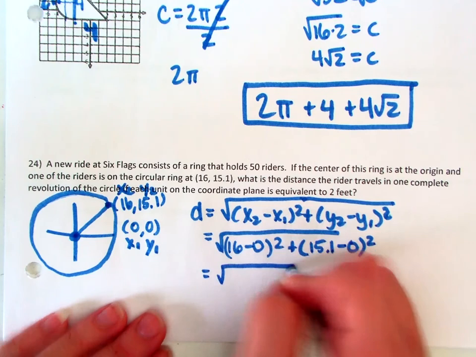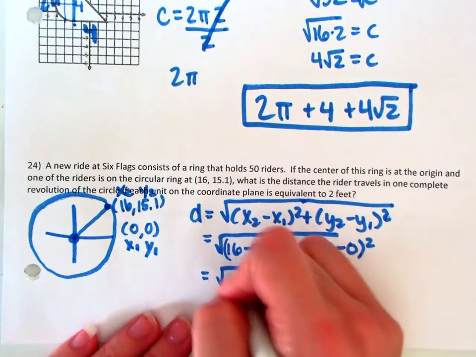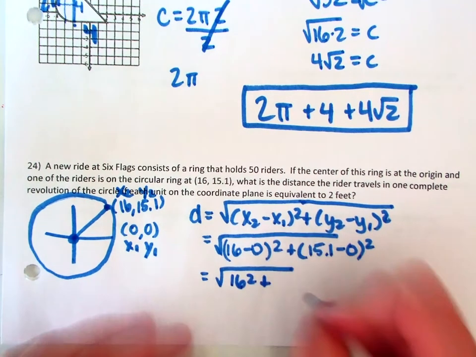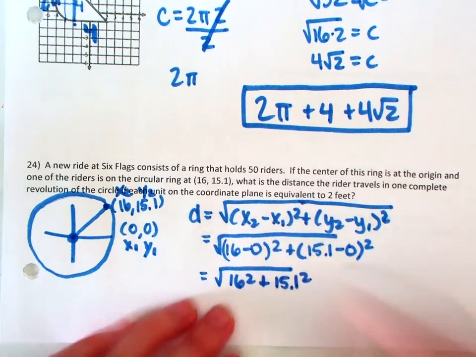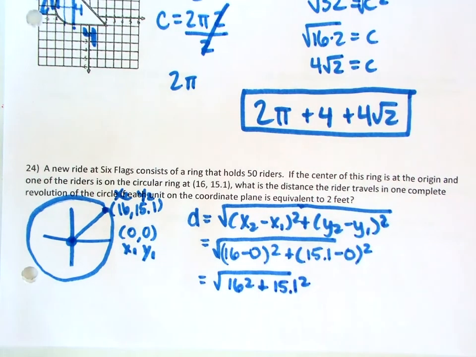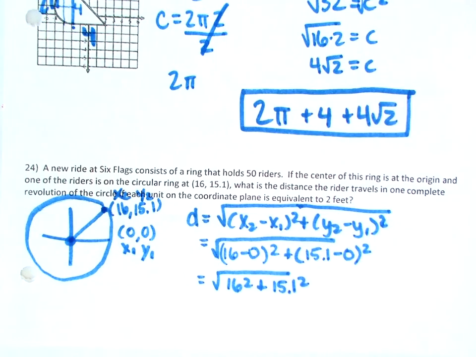And so then from here, we're going to clean this up. You're going to have 16 squared here, plus whatever 15.1 minus 0 is, which is 15.1 squared. So then from there, what you're going to want to do is plug that into a calculator. So give me just a second to grab a calculator.